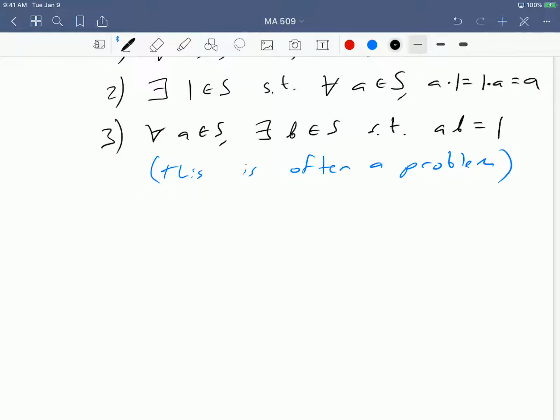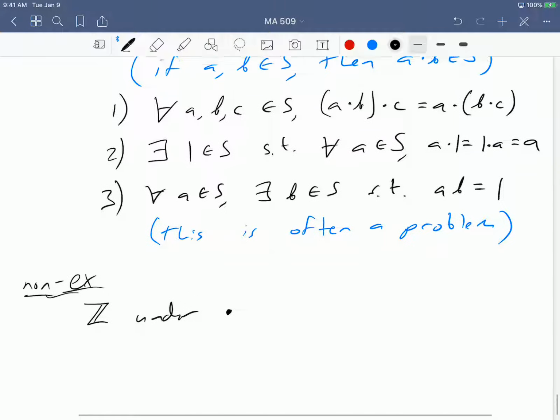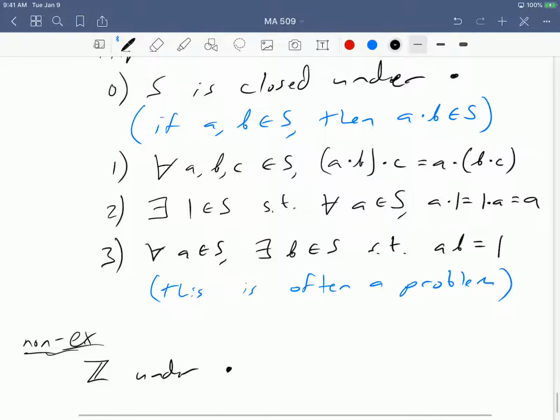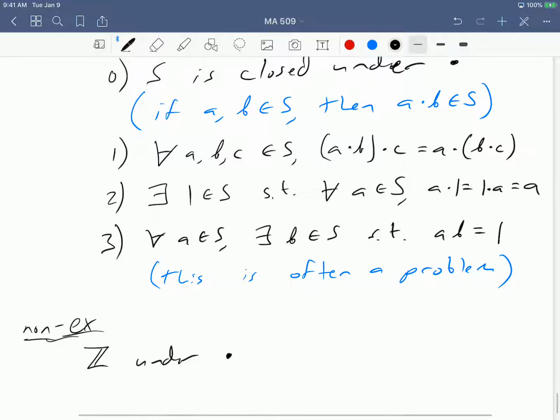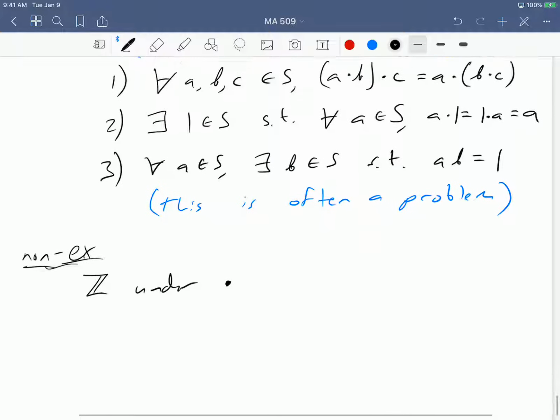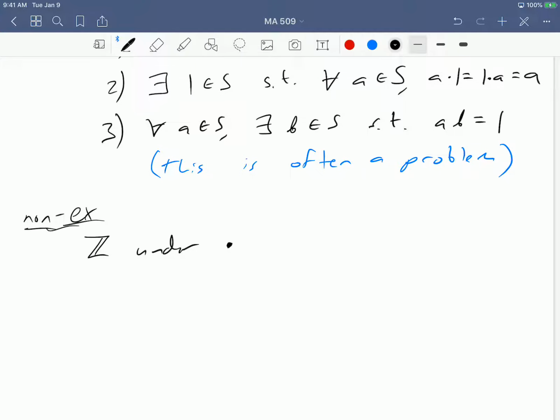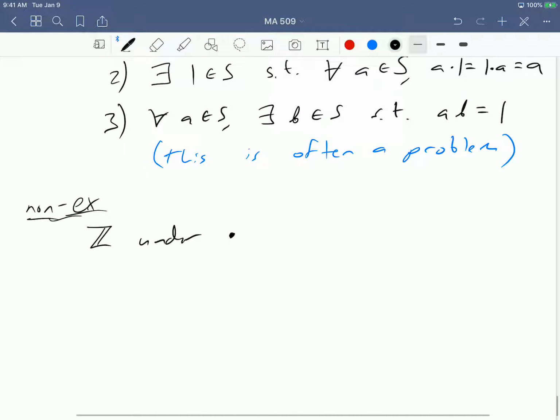So, for example, and this is really a non-example, if our set is the integers under multiplication, so we're definitely associative, we're definitely closed. If I multiply two integers, I get an integer. There's a 1, that's an integer, and A times 1 is A for any integer.